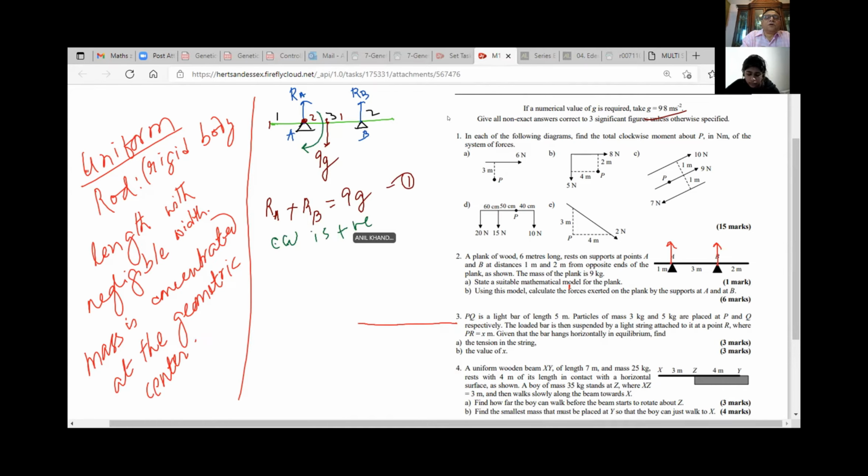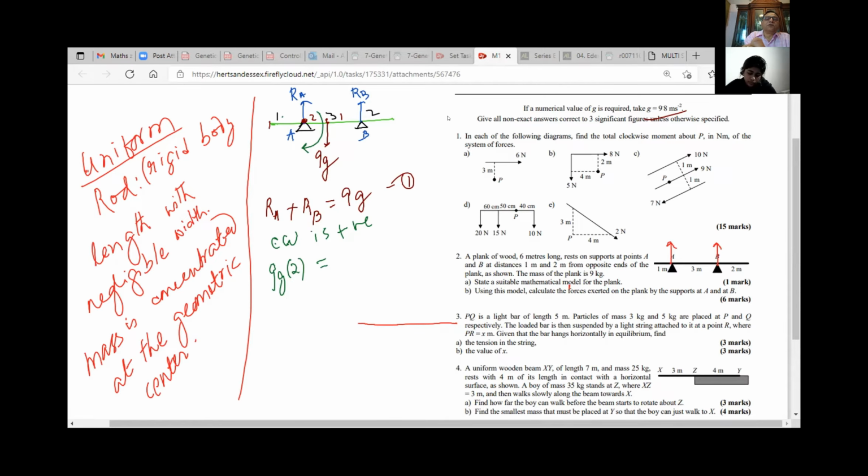So this clockwise moment is because of 9g, and the distance is 2 units. Because from the end, it is only 3 units, and 1 unit is already there. So 1 plus 2.